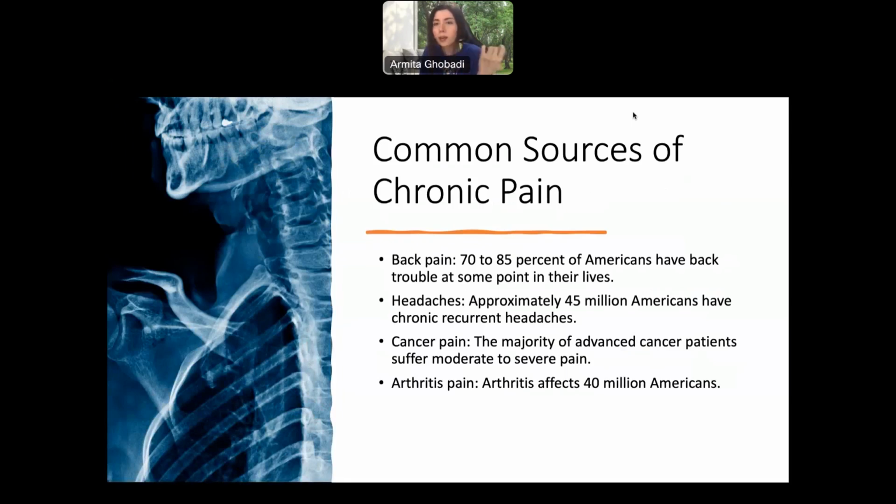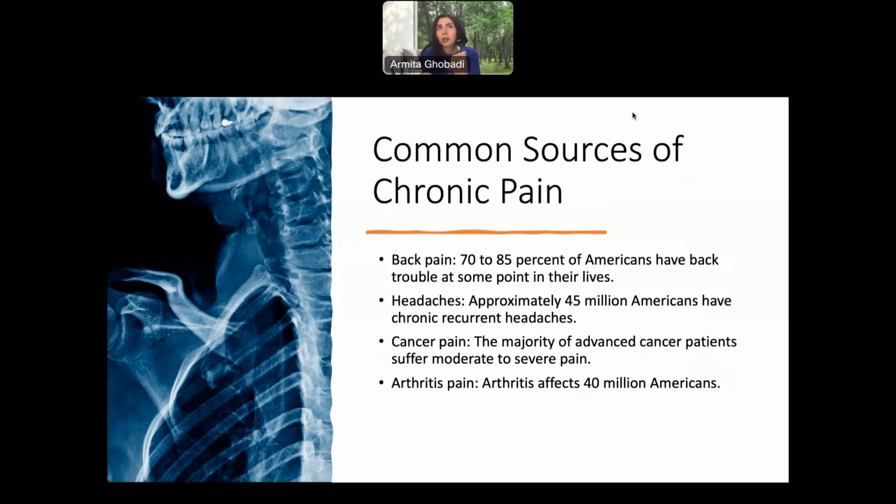There are going to be different sources for chronic pain, but the common ones are back pain, which is very common for Americans, and I would say for my culture as well. Iranians also suffer from back pain a lot. I guess it's very common in every culture because we don't know how to sit correctly, and our body posture most of the time is not the best.